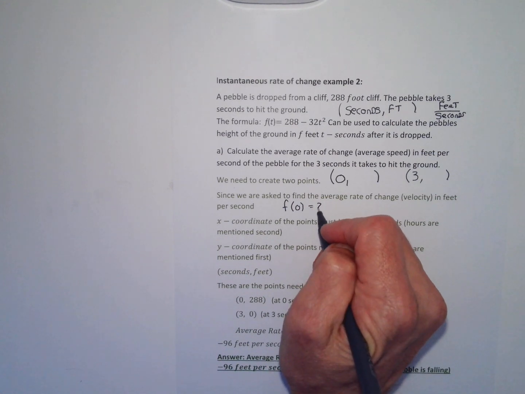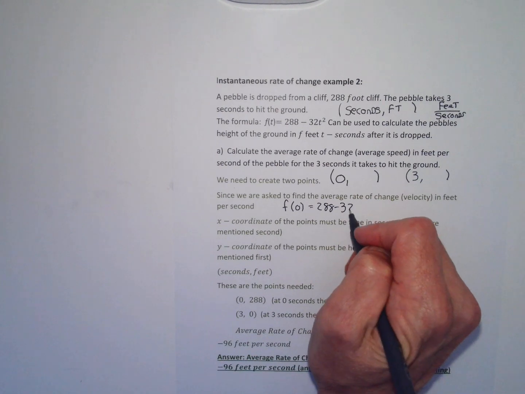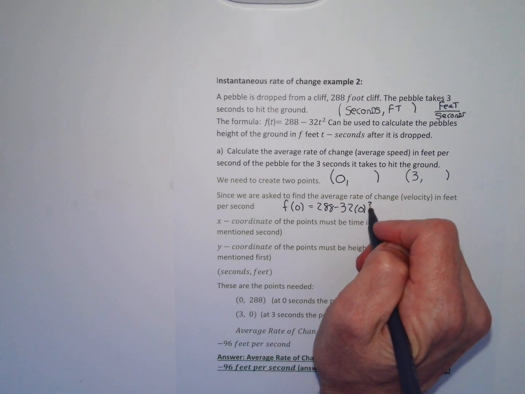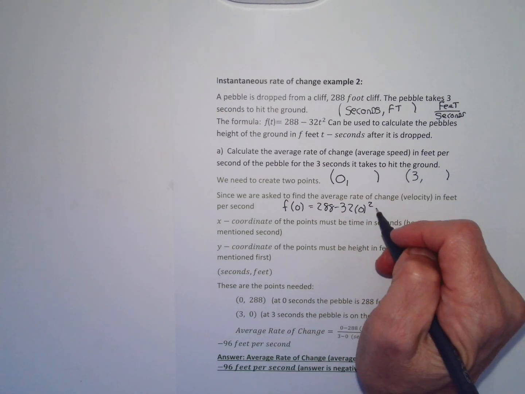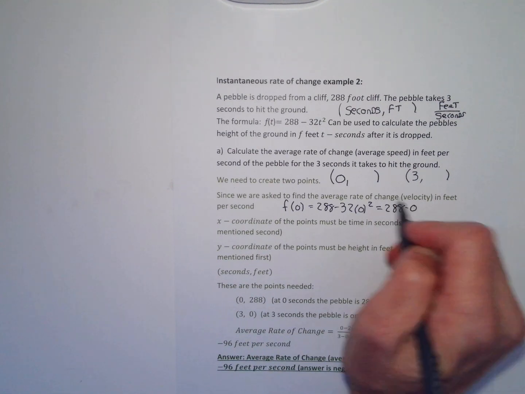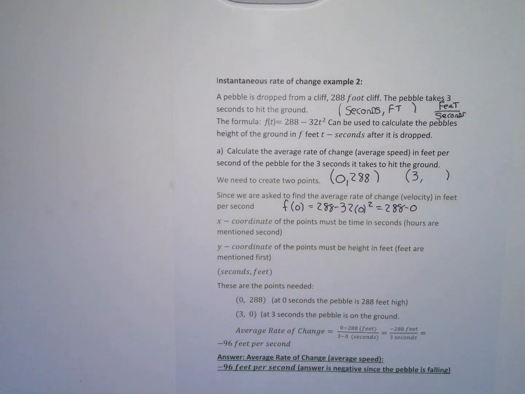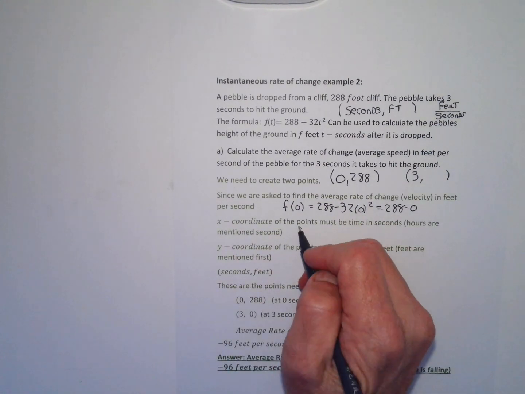which is 288 minus 32 times 0 squared. The 32 times 0 squared is going to be 0. So this is going to be 288 minus 0. And at 0 seconds, the pebble's at 288 feet high. At 3 seconds, it hits the ground.